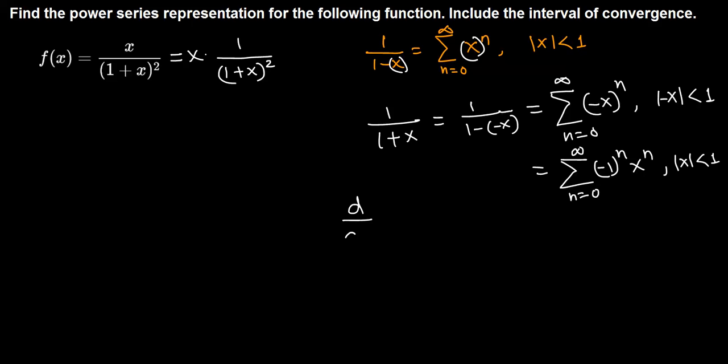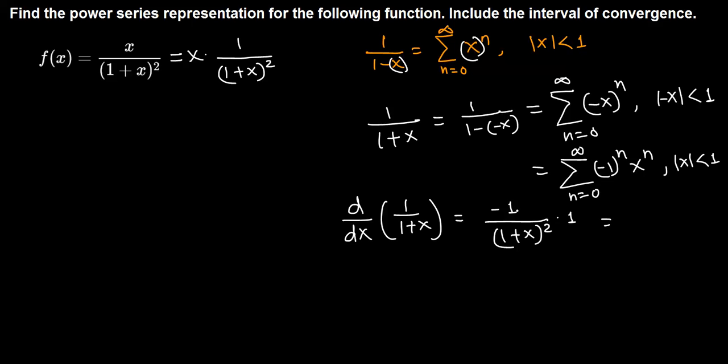Let's say the derivative of 1 over 1 plus x is, using the quotient rule, or we can take (1 plus x) quantity raised to negative 1, same thing, or use the quotient rule. We get on the bottom (1 plus x) quantity squared, and we get 1 on the top, negative in fact, times from the chain rule the derivative of 1 plus x, which is 1, or you can use the quotient rule.